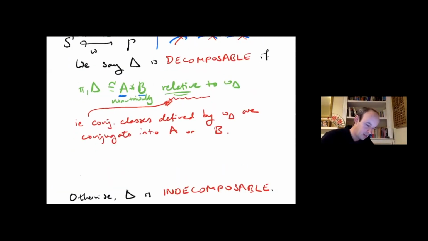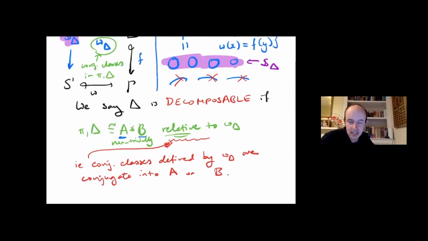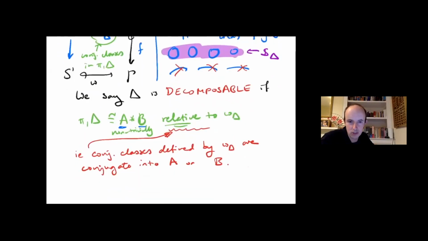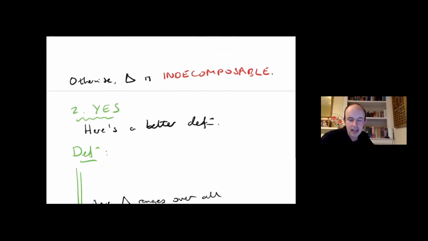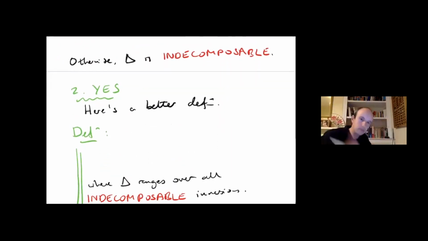So that's what it means for delta to be decomposable, and otherwise delta is called indecomposable. And now with all of this technology, I can give you a better definition of what this stable primitivity rank is.